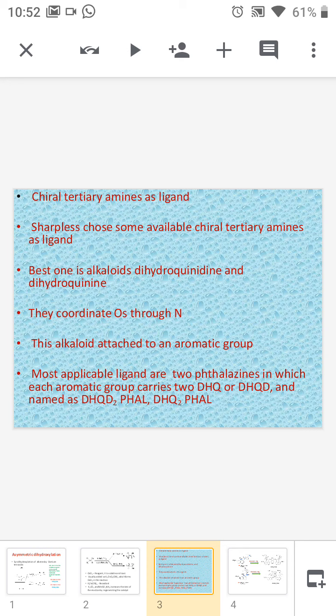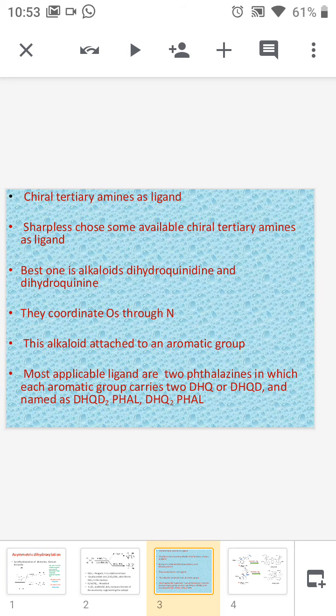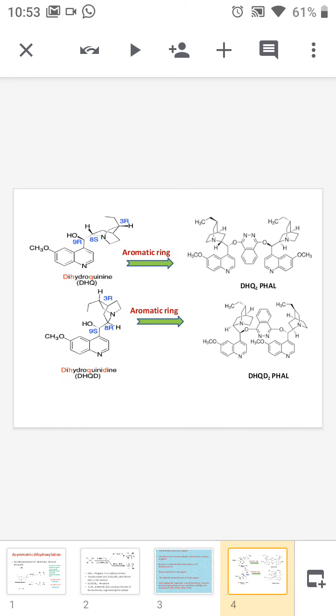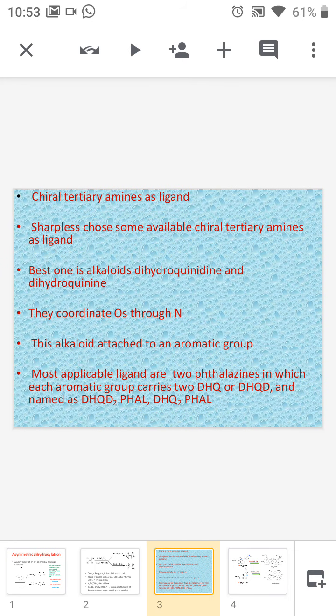So that's why he chose some available chiral tertiary amines as the ligand. Among them, the best ones are the alkaloids dihydroquinidine and dihydroquinine. So these are the structures of dihydroquinine and dihydroquinidine.